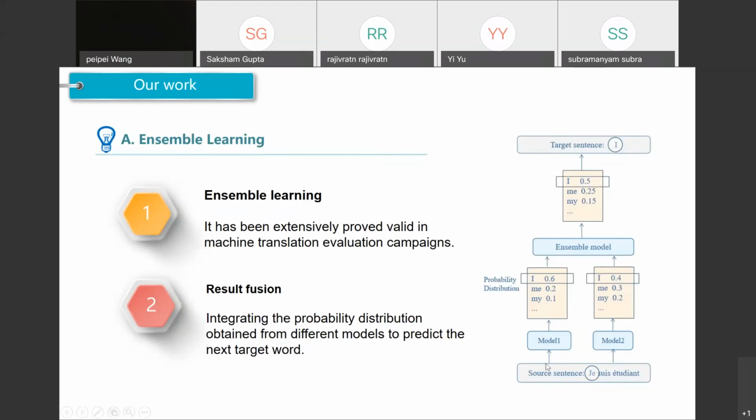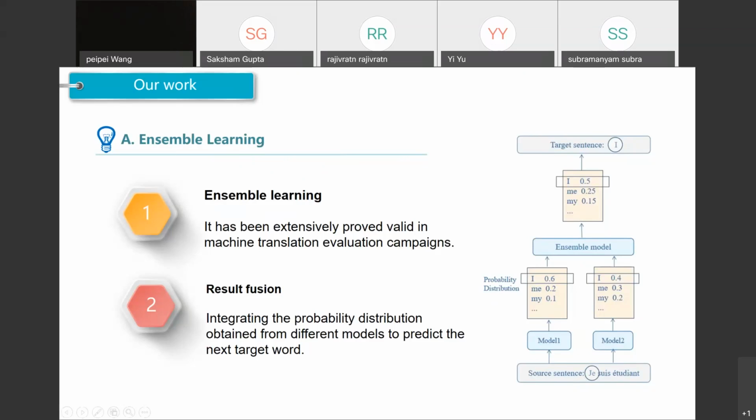As the picture shows, we average the prediction probabilities of two models to get the word with the greatest probability. When we input the source sentence for the first word, we average the prediction probability tables of the two models to get a new probability distribution.